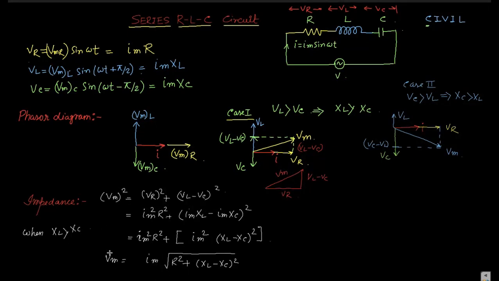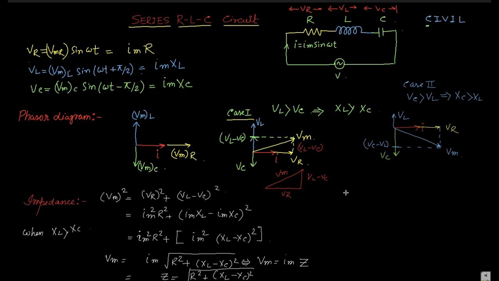So Vm is equal to Im into root under R square plus XL minus XC square. You can compare this as Vm is equal to Im into Z, because Z comes when there is an imaginary part, that is, when the inductor or capacitor are present. So if you compare it, Im becomes Im, so Z becomes what? Root under R square plus XL minus XC square. Is it?